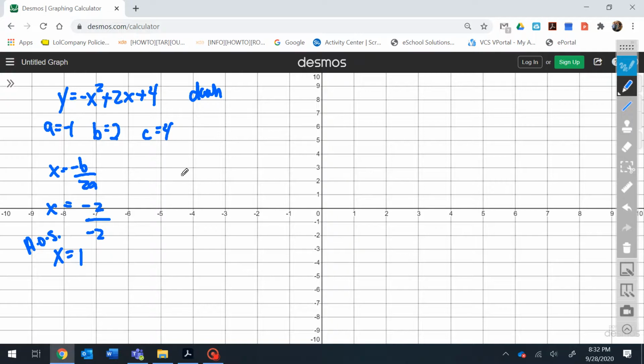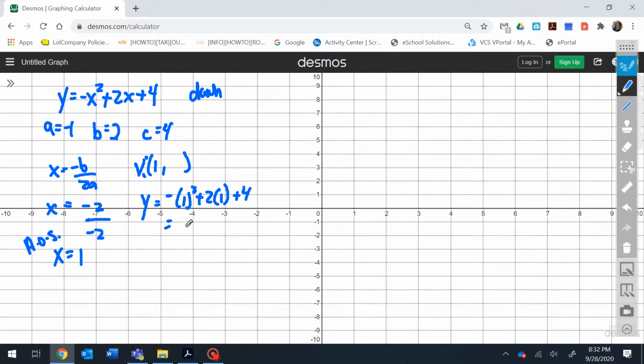We will find the vertex by, we have the x coordinate, 1. We need to substitute the x coordinate into the equation to get the y coordinate. So you have y is equal to negative 1 squared plus 2 times 1 plus 4.